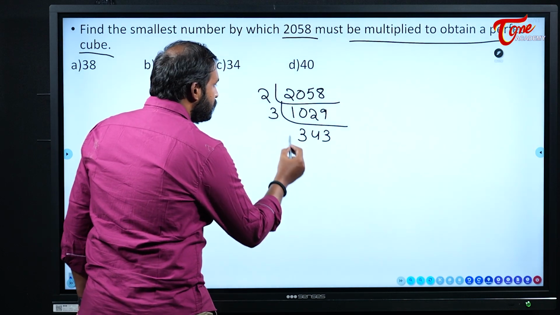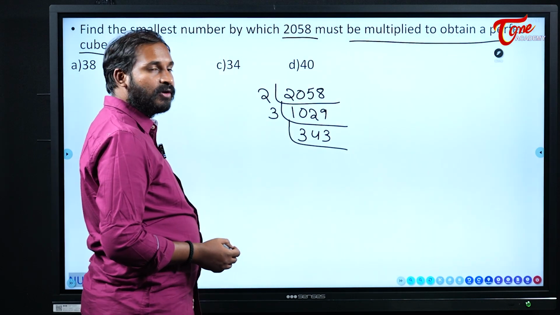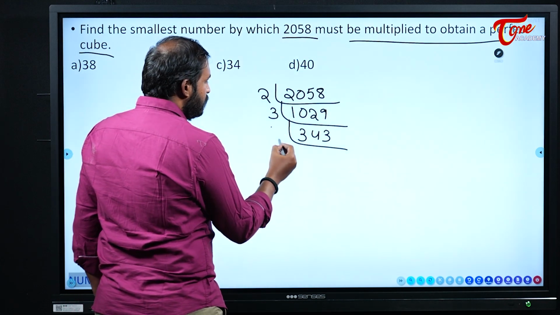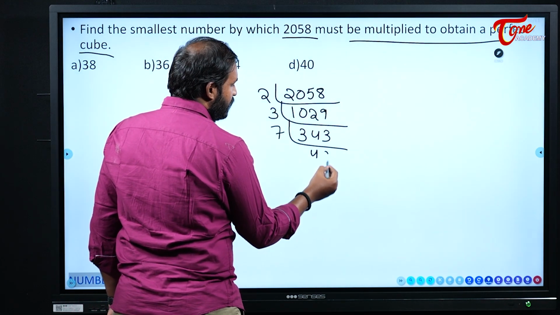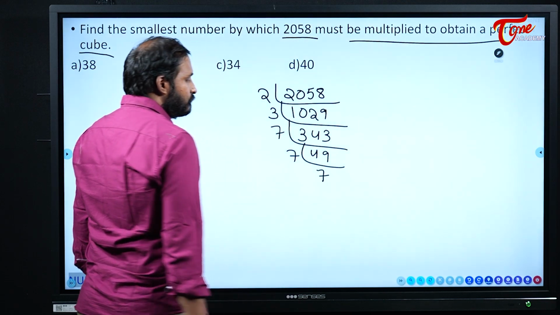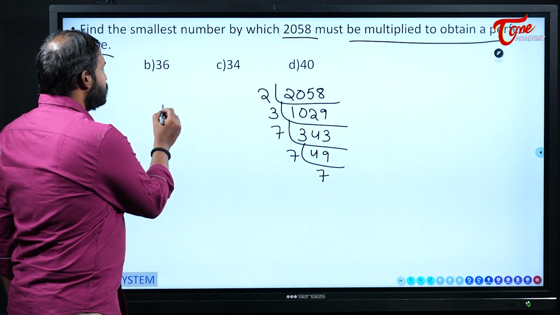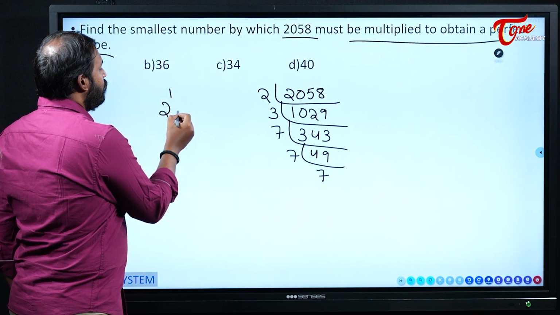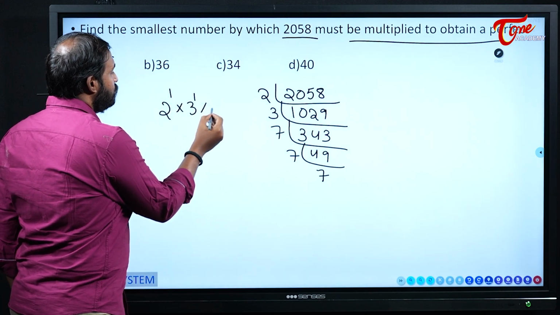Next, 343, we know, is 7 cube, but for your understanding I will write it like this. So I can write this as 2 power 1 into 3 power 1 into 7 cube.